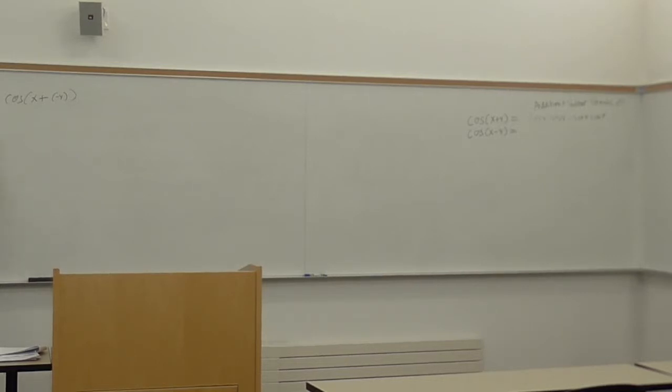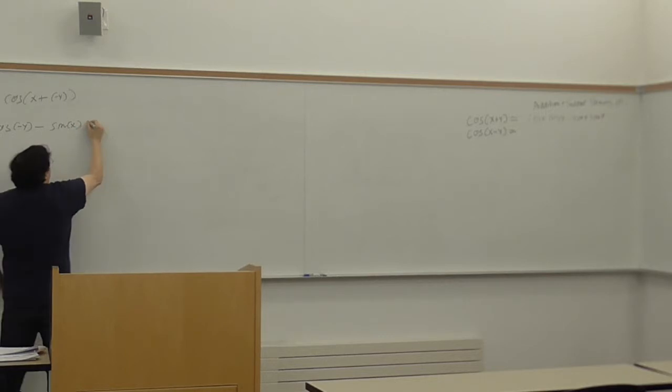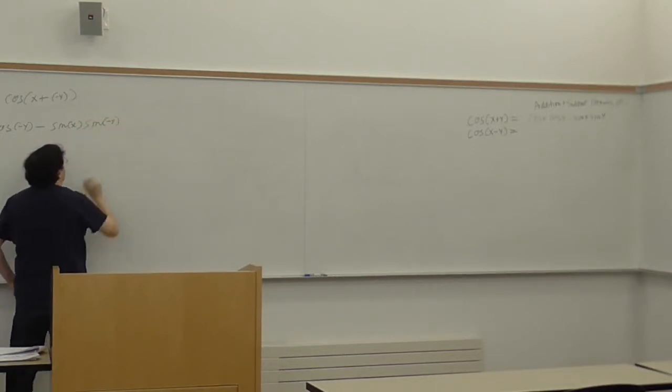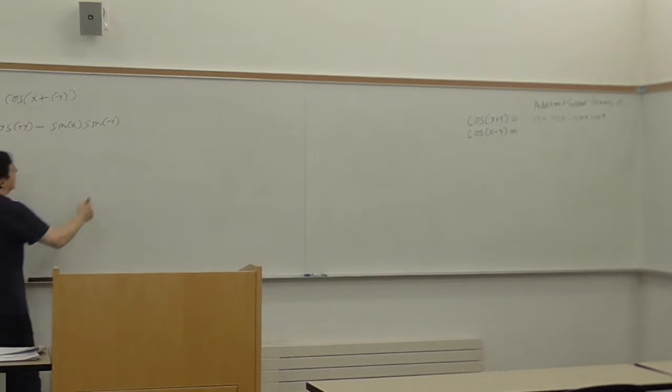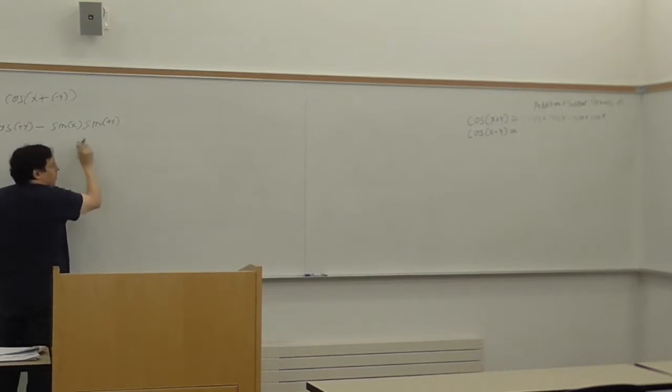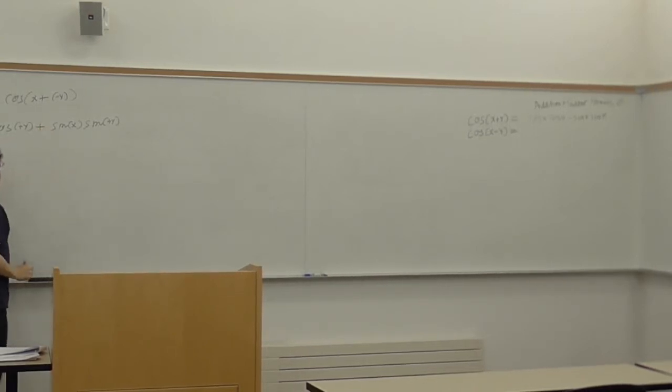It's cosine of x, cosine of minus y, minus sine of x, sine of minus y. But we can simplify this again using our odd-even identities. Cosine of minus y is just cosine of y. Sine of minus y is minus sine of y. So we have a minus and this becomes a plus.